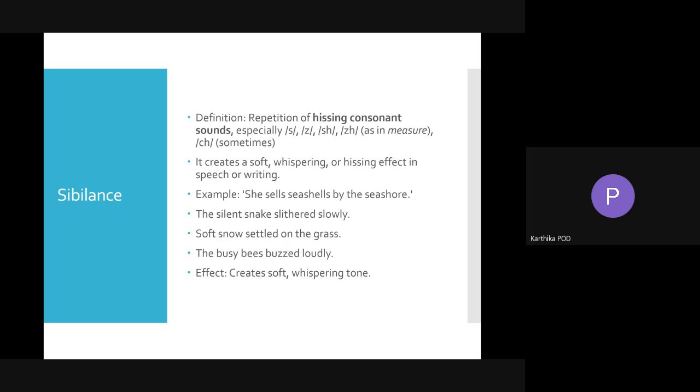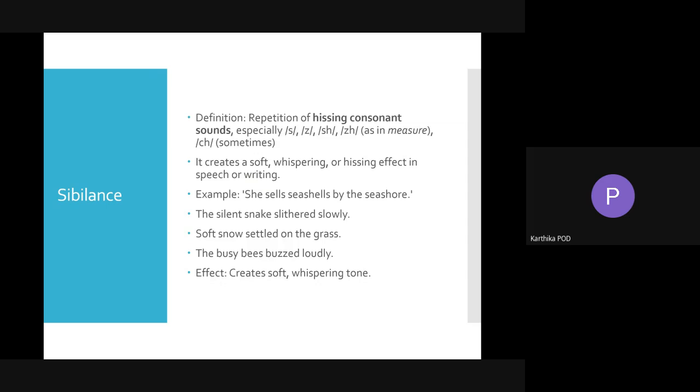Now comes sibilance, right? In sibilance, there is a repetition of the hissing consonant sounds, and the hissing consonant sounds are the consonant sounds that produce this sound, right? So that is created by sounds like s, z, sh, j, right?